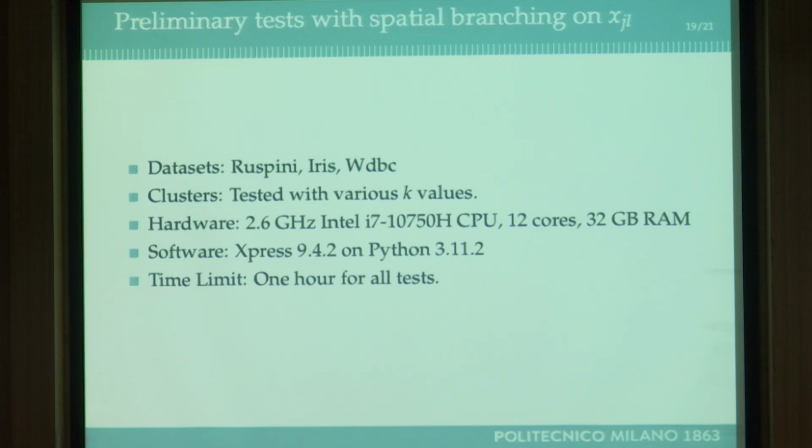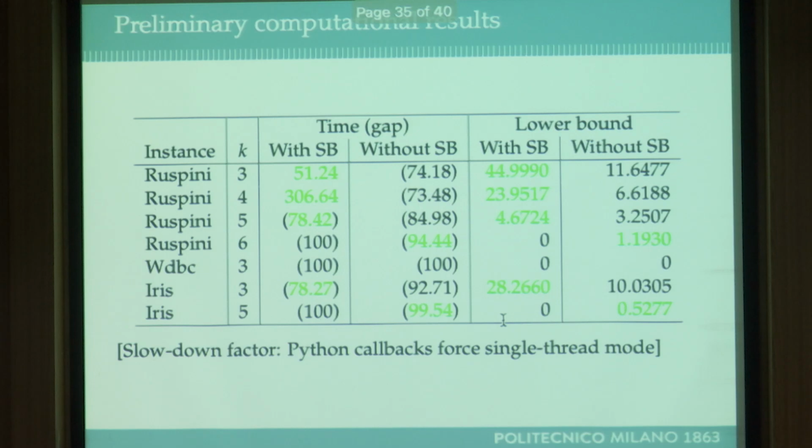The Ruspini instance is probably a proper instance of a clustering problem. Iris and WDBC instead have values that are not very suitable for Euclidean distances because they simply have different units. So we tried Xpress and we used the Python interface for Xpress, and we gave 1 hour for all the tests.